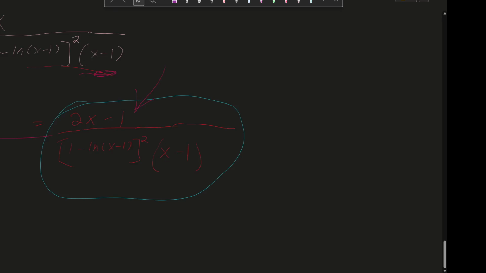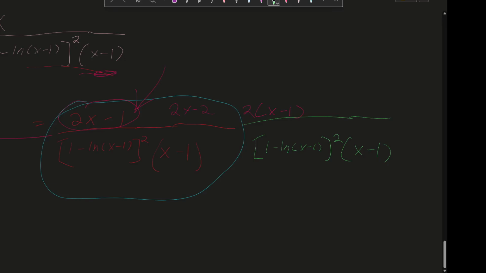But if this numerator ended up being 2x minus 2, then you could factor out a 2 from the numerator and have 2 times x minus 1. And then you're getting rid of the addition subtraction signs in the numerator. And then in the denominator, you also don't have addition or subtraction signs that are outside of these brackets.